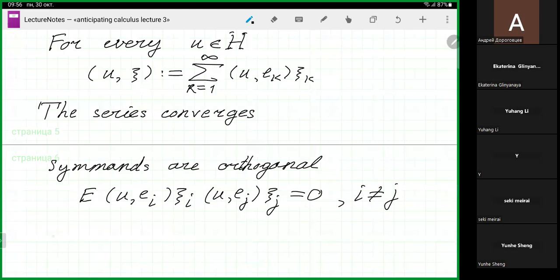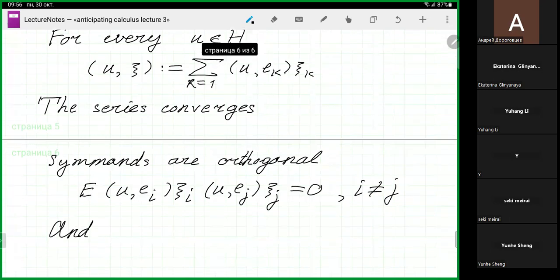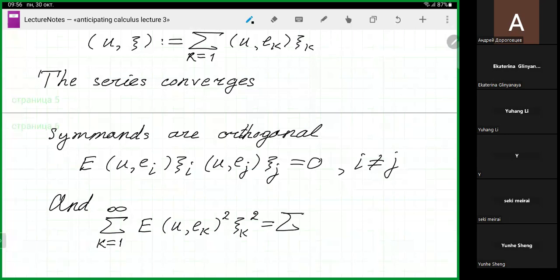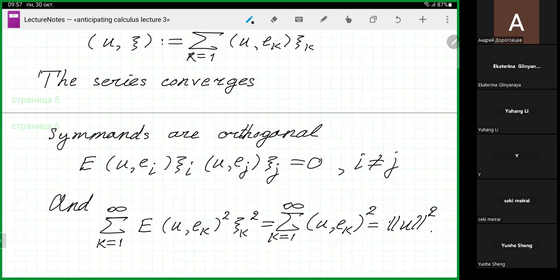And the following sum from k equal 1 to infinity of expectation of the squares is just the sum from k equal 1 to infinity of (u, e_k) square, and since e_k is an orthonormal basis, it is equal to the norm of u square by the Parseval identity.